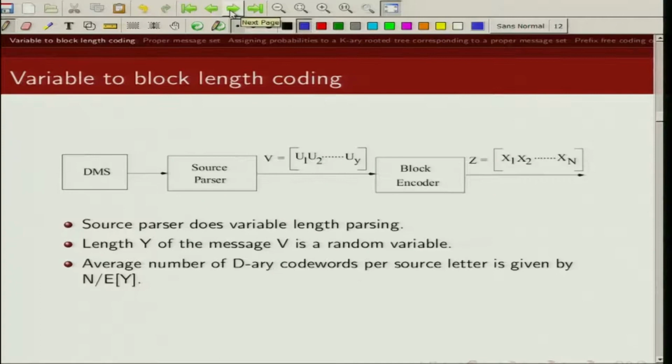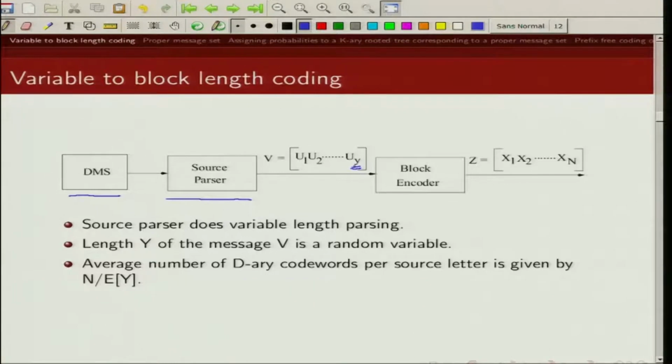So the problem that we are looking at is as follows. We have a discrete memoryless source which is emitting some bits, and we want to design a source parser of variable length. This source parser takes these bits and converts them into blocks of data where the block length is variable.